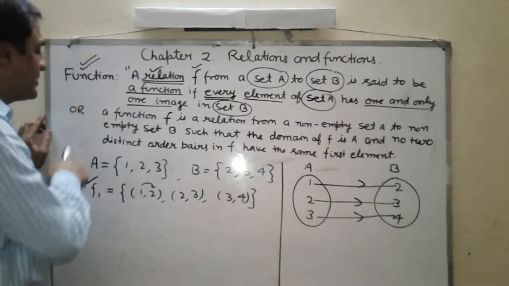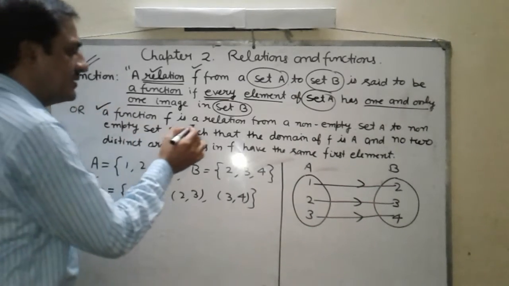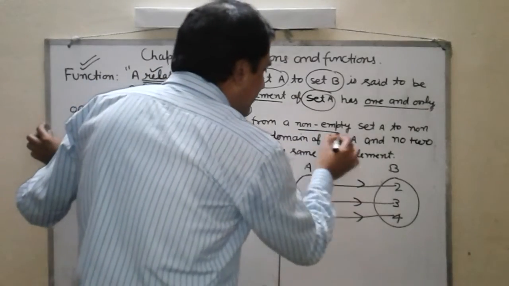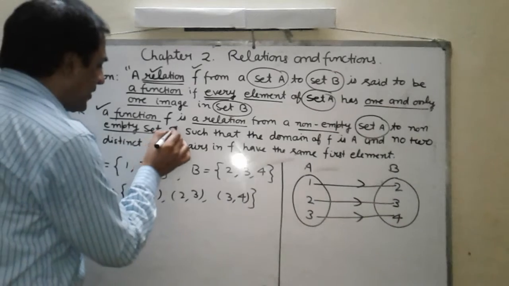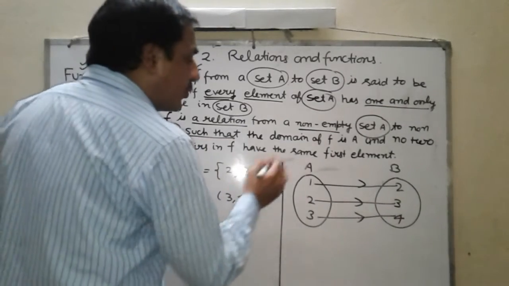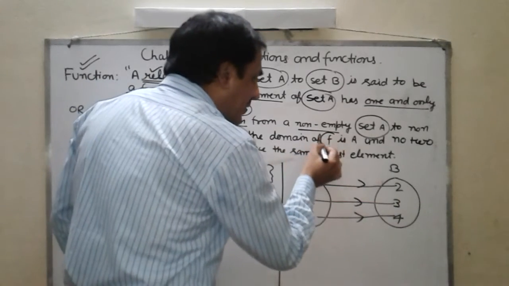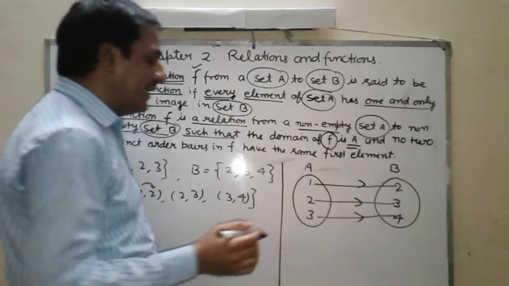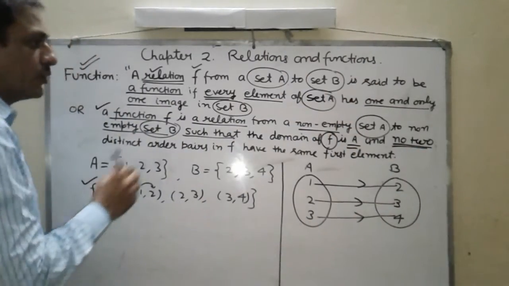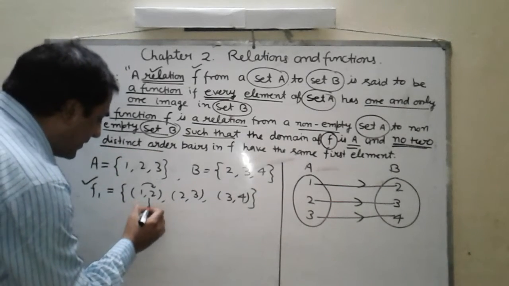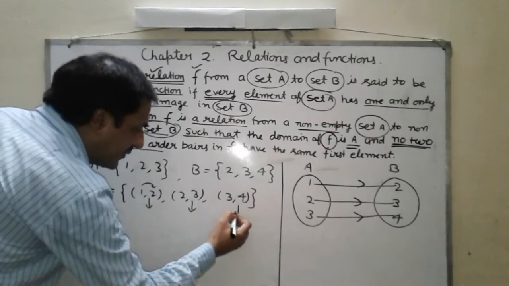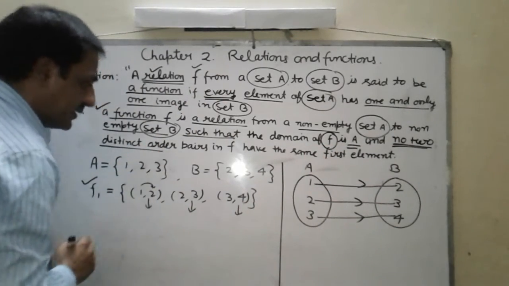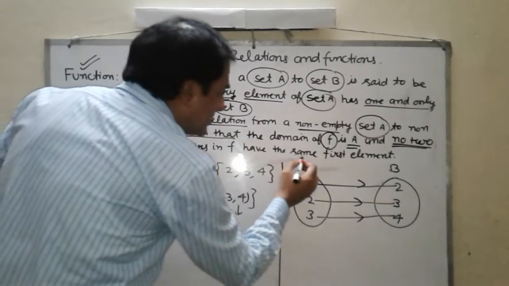We can define a function in another way. A function f is a special type of relation from a non-empty set A to a non-empty set B, such that the domain of f is A. All elements of set A are called the domain of the function, and no two distinct ordered pairs in f have the same first element.